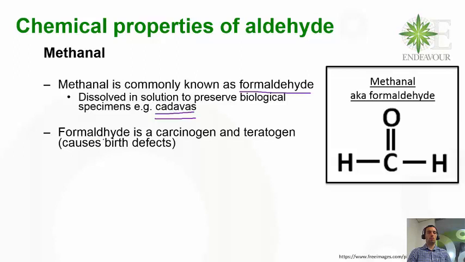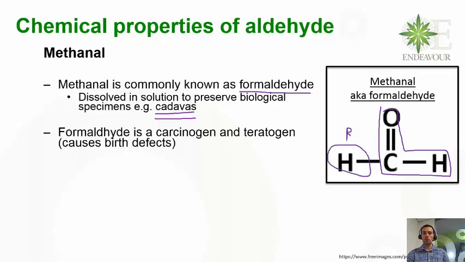Although it can be useful, formaldehyde can also be dangerous because it's a carcinogen, meaning it can cause cancer, and a teratogen, meaning it can cause birth defects. If we look at the structure of methanal, we've got the functional group atoms here, and the other attachment, or R group, is actually another hydrogen.